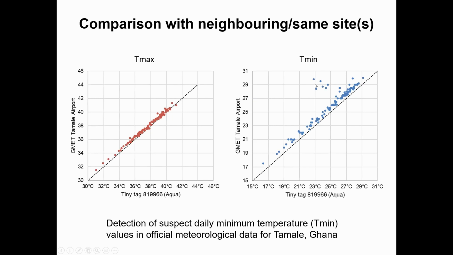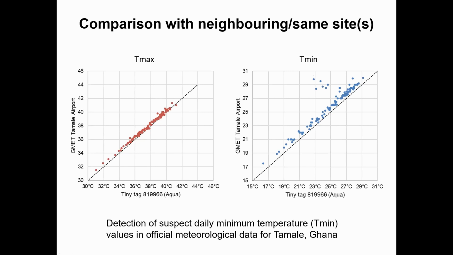But when we look at the minimum temperature, straight away we can see there's this group of values in the manual data set which are much higher than are shown by the automatic values. So this side-by-side comparison straight away is helping us to spot problems with the data.